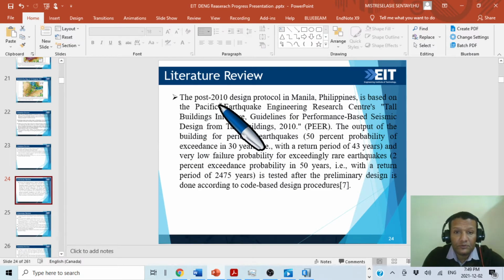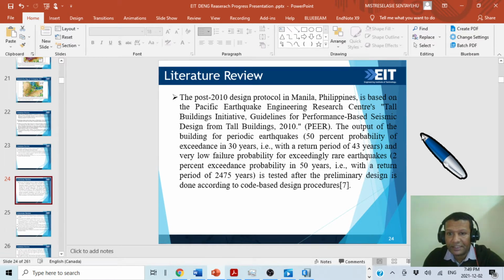The post 2010 design protocol in Manila, Philippines is based on the Pacific Earthquake Engineering Research Center Tall Buildings Initiative Guideline for Performance-Based Seismic Design of Tall Buildings. This is the PEER website. The output of the building for frequent earthquakes, 50% probability of exceedance in 30 years with a return period of 43 years, and very low failure probability for exceedance of rare earthquakes.